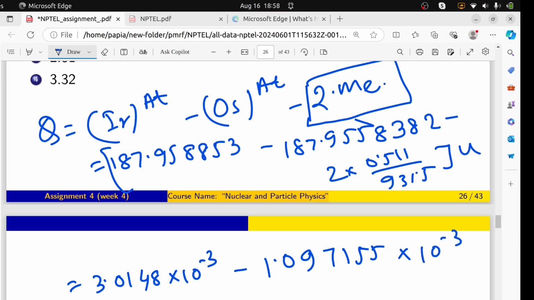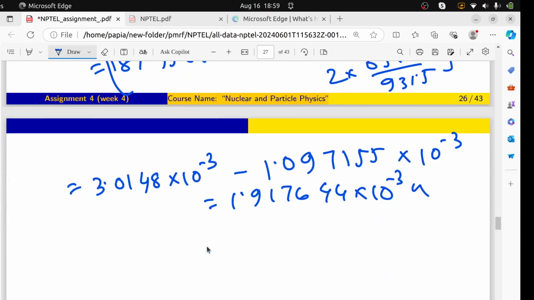So 3.0148 into 10 to the power minus 3 minus this answer. So it will be 1.917644 into 10 to the power minus 3 in U unit. So in MeV unit it will be multiplied by 931.5. So it will be some 1.78 MeV.